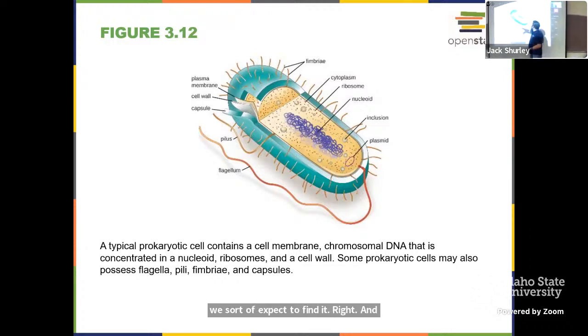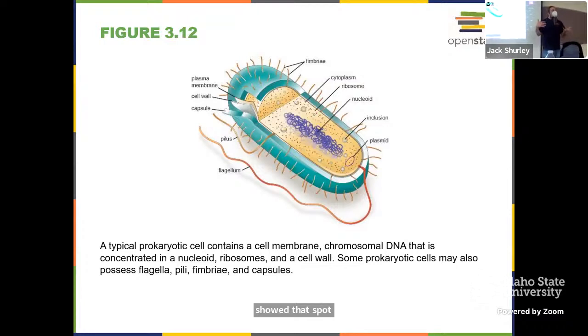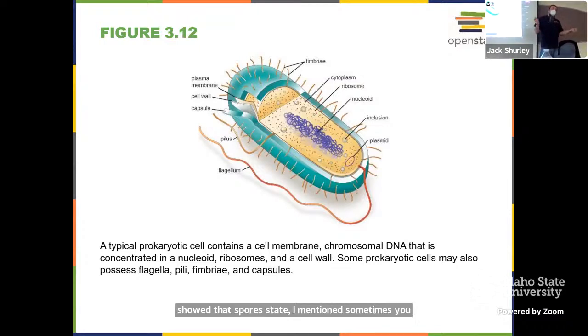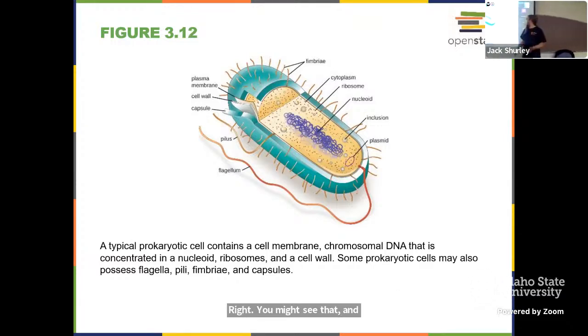And I don't really get super bogged down with that. There are possibilities of some inclusions, and when we showed that spore stain, I mentioned sometimes you might gram stain something up and see little hollow bits, and the question should be, is it a spore or is it an inclusion, all right? You might see that, and then spore staining would help you to differentiate.